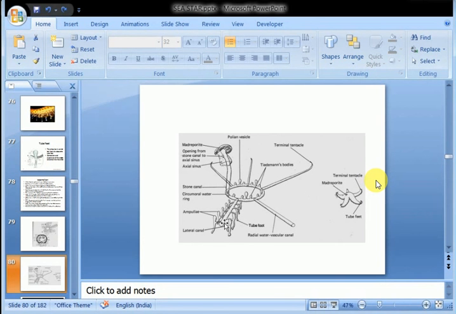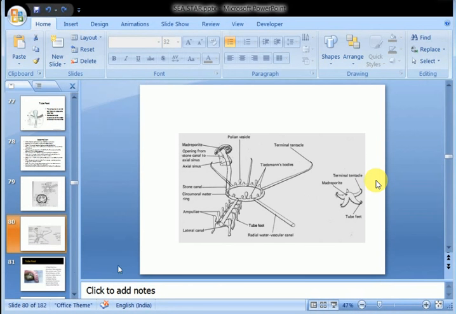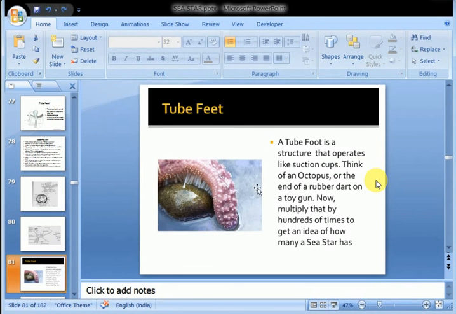When water is forced into this, the water moves through this, and when they need to detach and extend, the ampullae contract, and the water goes into this system. In the podium part, the podium extends because of high pressure, then it attaches again, and then retraction occurs. Water retraction occurs.